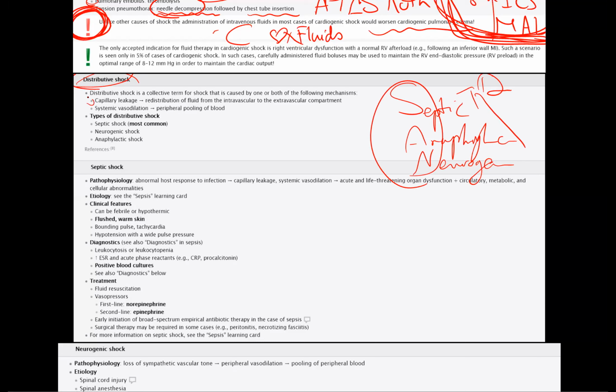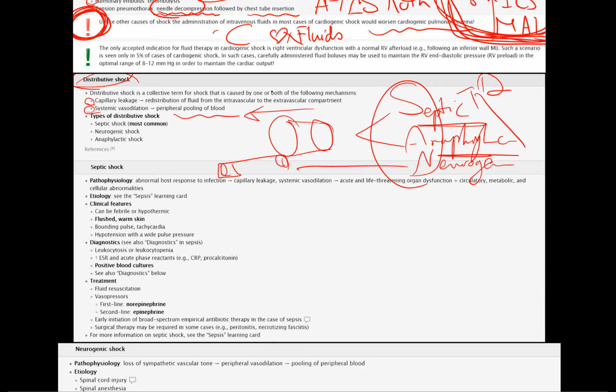Capillary leakage, like in sepsis and anaphylaxis, or systemic vasodilatation with pooling of blood. In all these causes, including neurogenic, you will have loss of the sympathetic tone, so the blood vessels will be dilated. So we have septic shock, neurogenic shock, and anaphylactic shock.